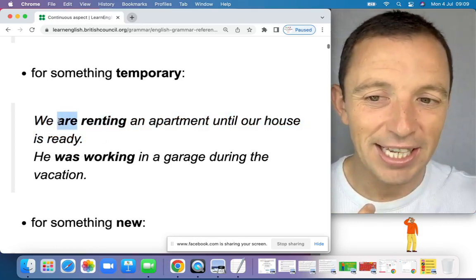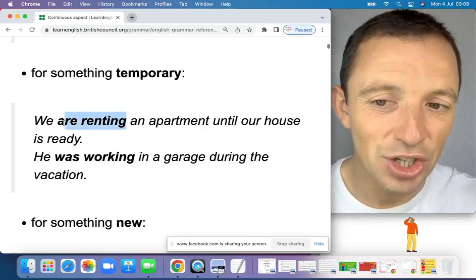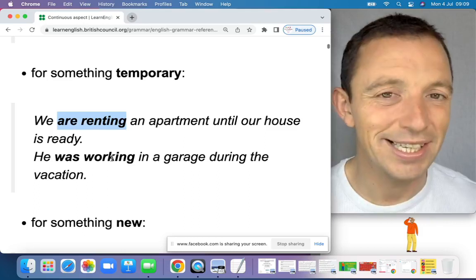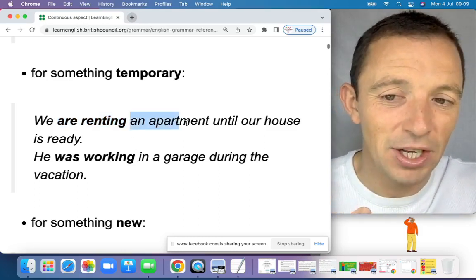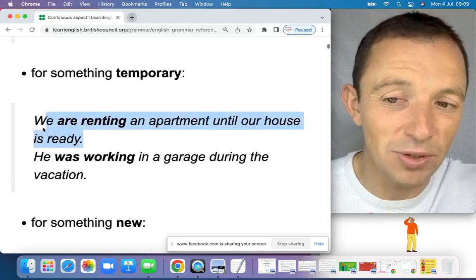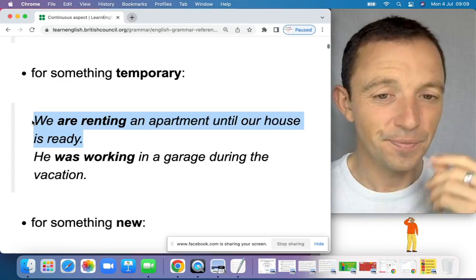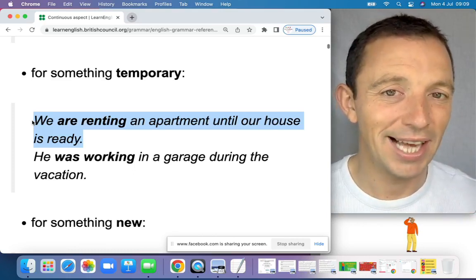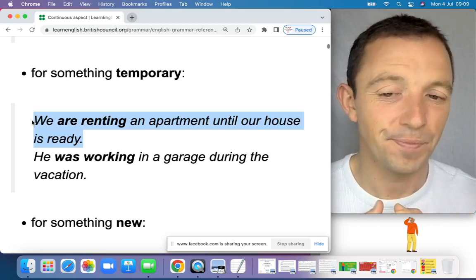The auxiliary and the extra verb is the verb to be. And the ing, the gerund form, is renting. So we are renting is the present continuous. An apartment until our house is ready. So this is considered temporary, because in the future you will buy the house. You will live in the house that you are paying for.